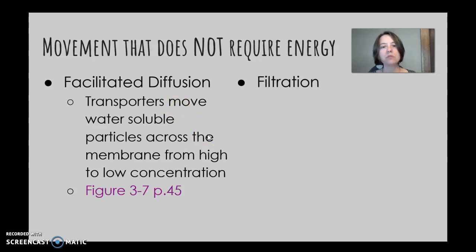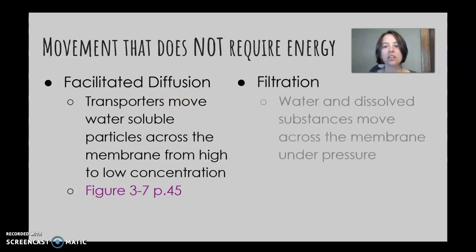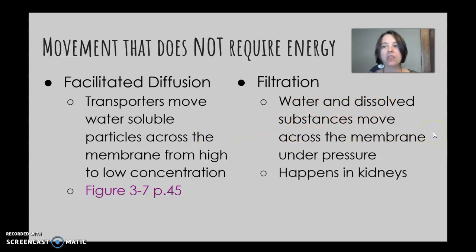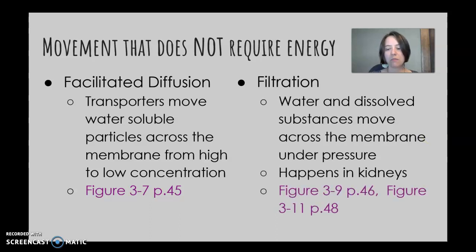The last type of movement that does not require energy is filtration. This is when water and dissolved substances move across the membrane under pressure. This is really important in your kidneys. Looking on page 46, at the bottom on figure 3.9, you can see that there is pressure on one side, so the water is moving from the right to the left.